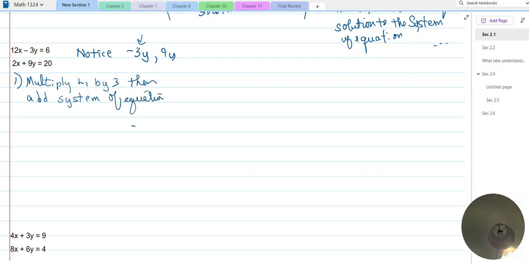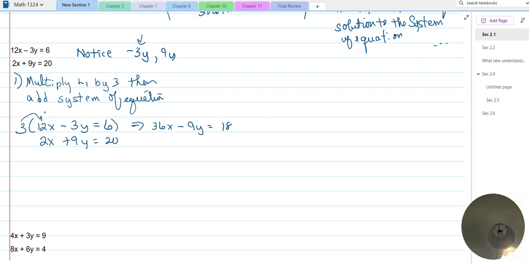All right, so here I go. I'm going to have 3 parentheses 12x minus 3y equals 6. And I'm not going to change this one, 2x plus 9y equals 20. So I'm going to move them over, and that's going to be 36x minus 9y equals 18.